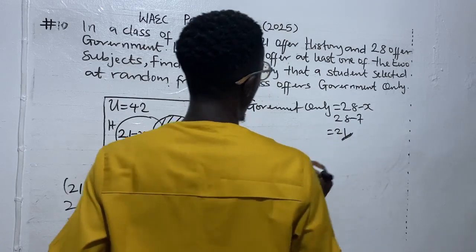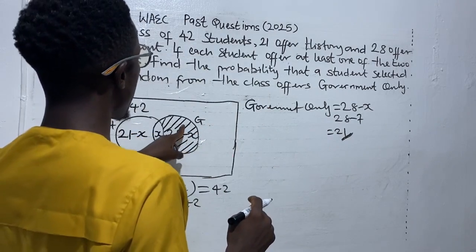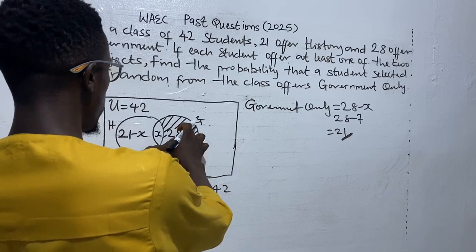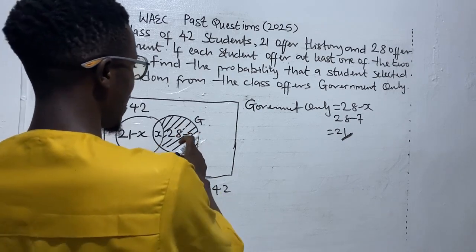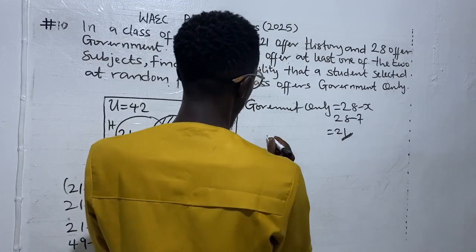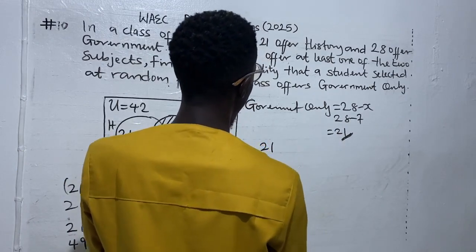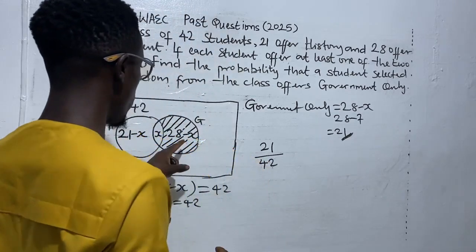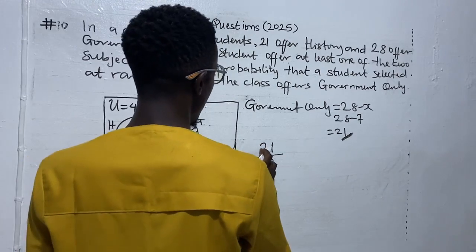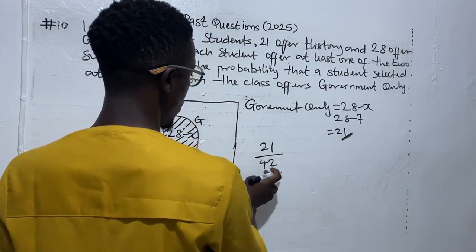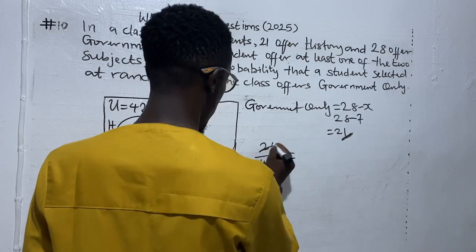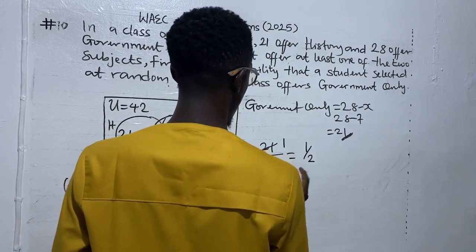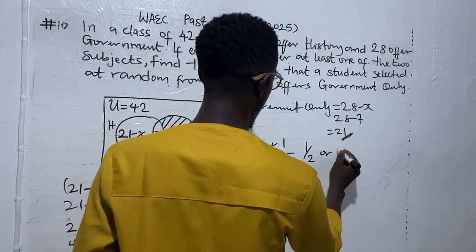So what we are looking for is the probability that if you choose at random, only this section will be selected, and that is only 21 out of the total number 42. So the probability is 21 divided by the total, 21 over 42, which is one half, or 50%.